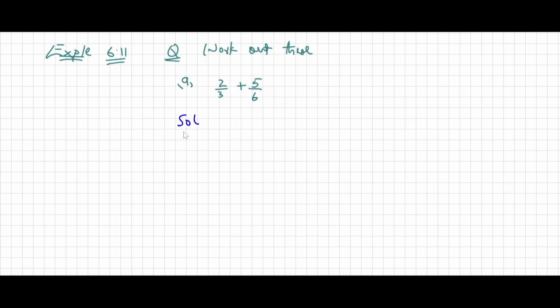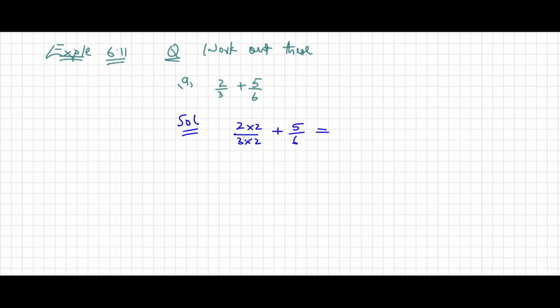So for the solution, we want the denominators to be the same. Here the denominator is 3, and here the denominator is 6. The bottom number is the denominator, so we can multiply this by 2: 2 into 2, 3 into 2, plus 5 by 6.